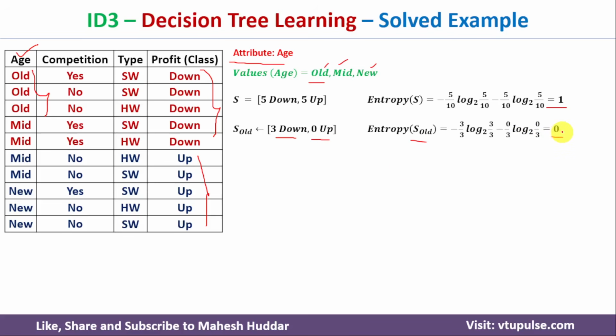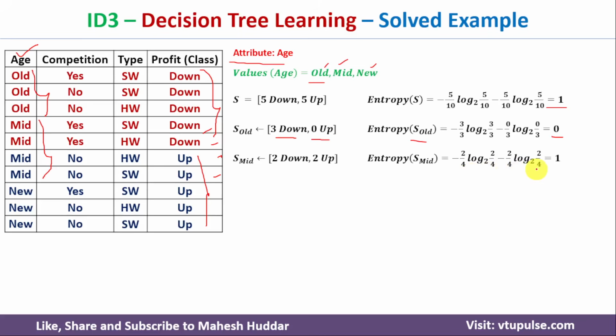Next I will consider the attribute value mid. In this case we have 4 examples, and 2 belong to down and 2 belong to up. So the entropy of S mid is equal to minus 2 divided by 4 log of 2 divided by 4 to the base 2, minus 2 divided by 4 log of 2 divided by 4 to the base 2.